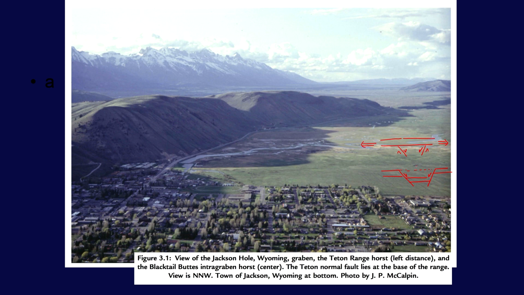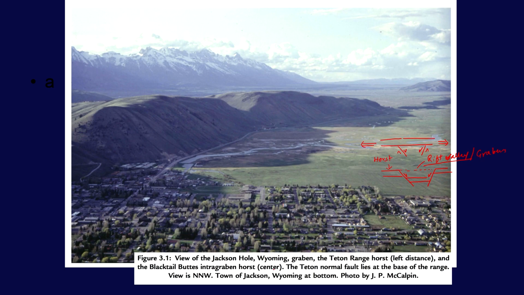Such areas are also termed as rift valleys or grabens. And the part which remains uplifted is known as Horst.